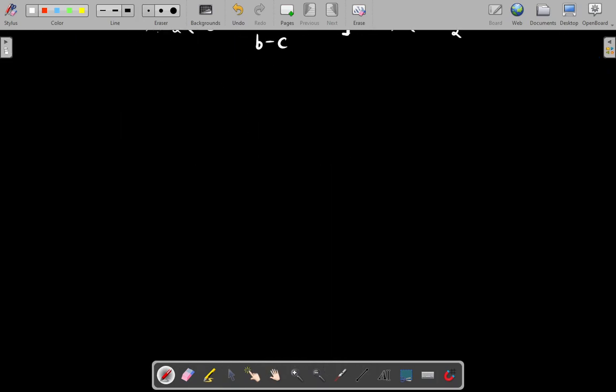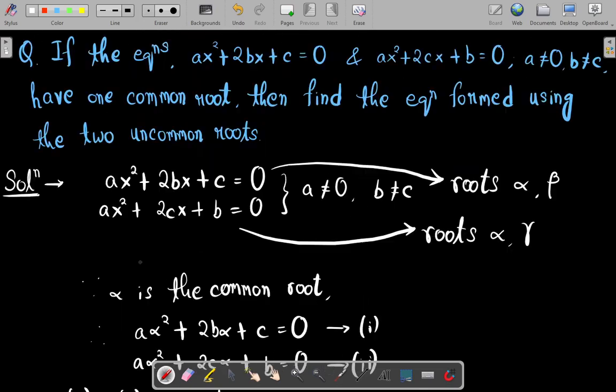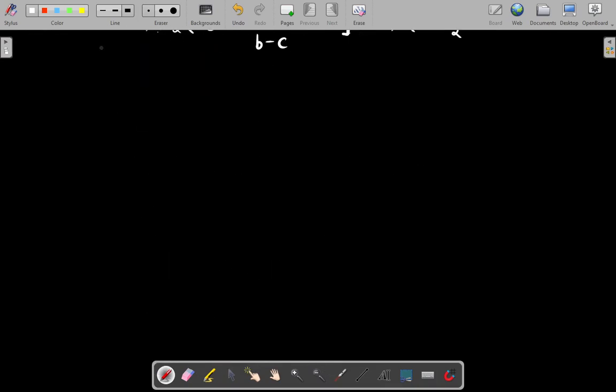Now again, if we look at the sum and product of the roots of ax square plus 2bx plus c equal to 0, the roots are half comma beta.